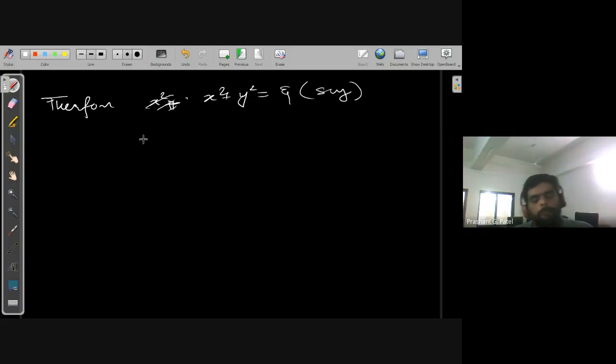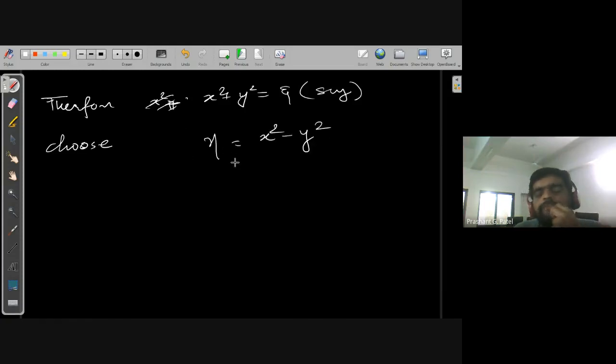Now it is up to you what value of eta we can choose in the parabolic type. So let us choose eta equal to x square minus y square. This will take any non-zero value, such that xi and eta should be independent.